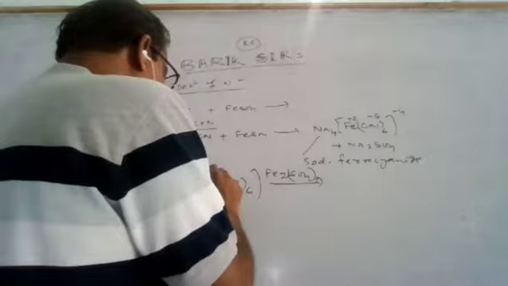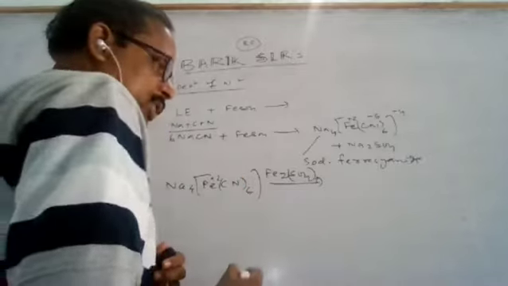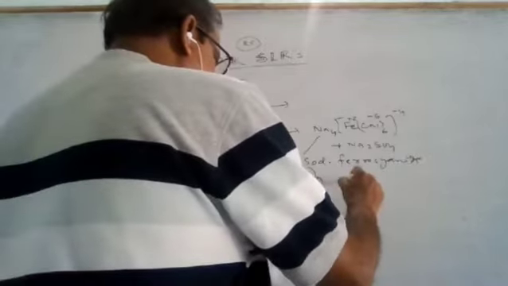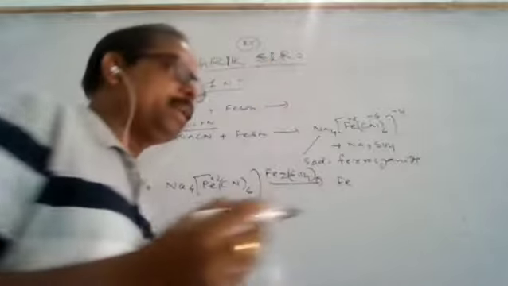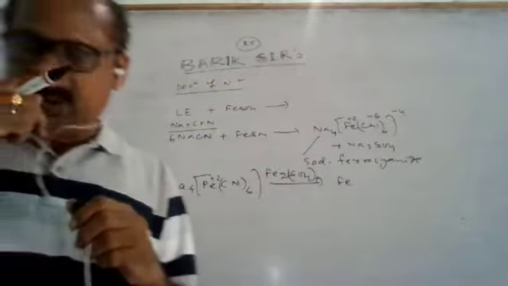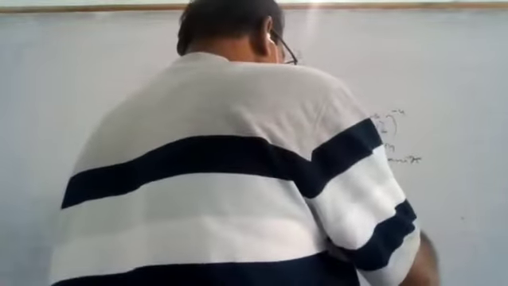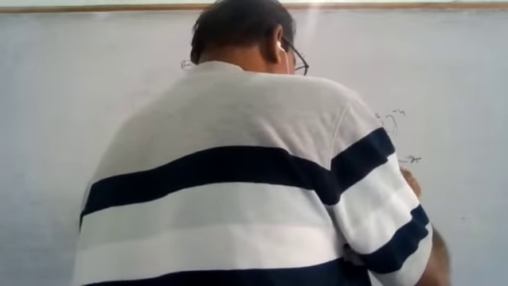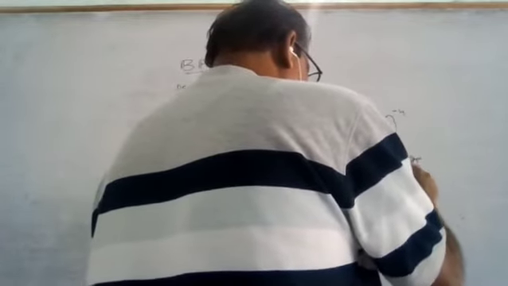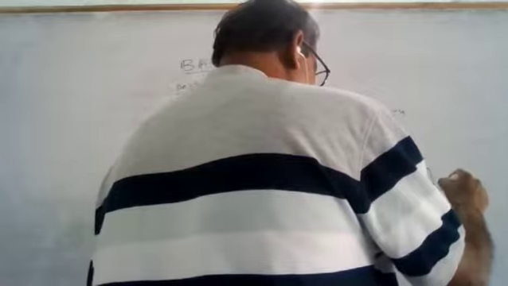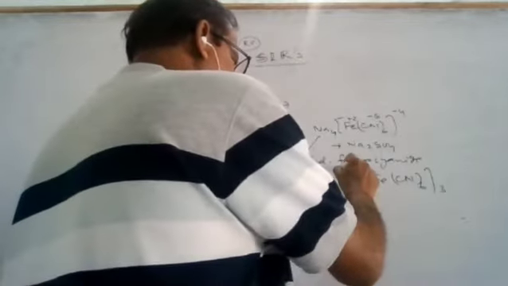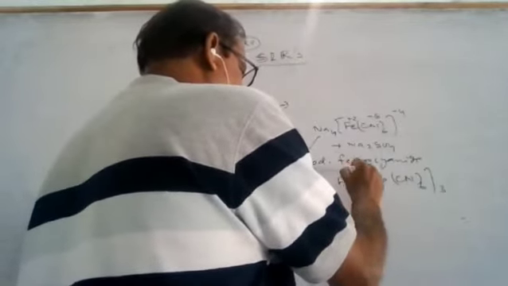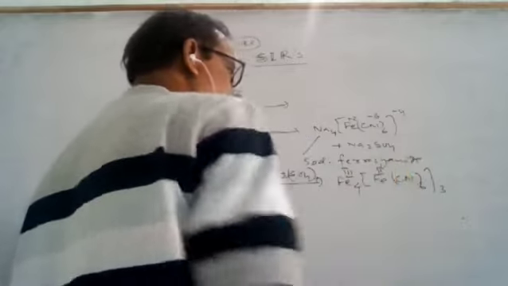Because some of the Fe2+ is converted to the Fe3+ state, it will be converted to ferric ferrocyanide, Fe4[Fe(CN)6]3. This iron is in the plus 3 state, and this iron is in the plus 2 state.